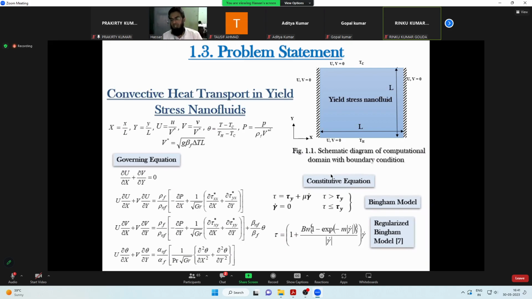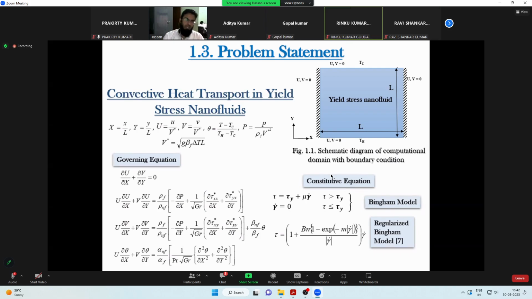The temperature is non-dimensionalized as T minus Tc by Th minus Tc, which we represent as theta, the dimensionless temperature. The dimensionless pressure is represented as dimensional pressure by rho v star square, where rho is the fluid density and v star is the characteristic velocity.